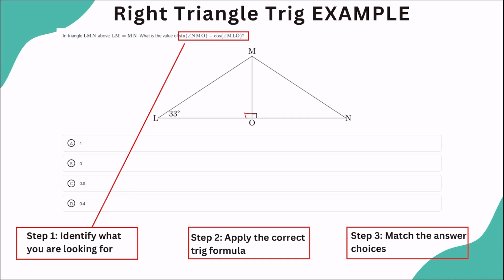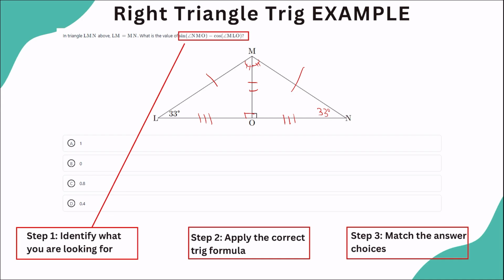It also tells us that LM and MN are equal measure sides. And so if we have two sides that are the equal measure, then our third one is also going to be equal measure. And we have three sides of the same length, which means we also are going to have three angles of the same length. And so these are actually congruent triangles.